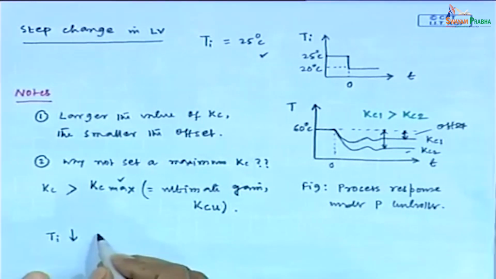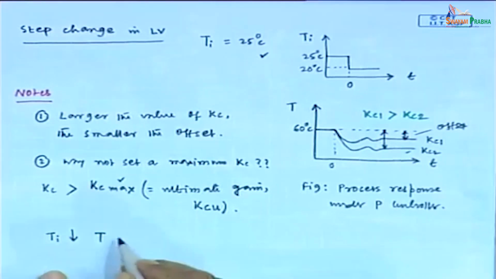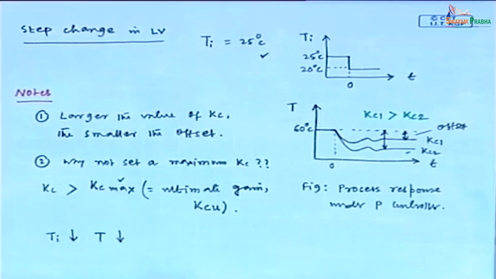If Ti is decreased, the temperature of the liquid in the tank also decreases. Fine. Then what is required to do for the controller to keep the temperature at 60 degrees Celsius? The controller needs to increase the steam flow rate. Fine.